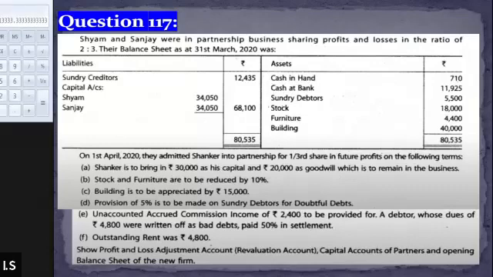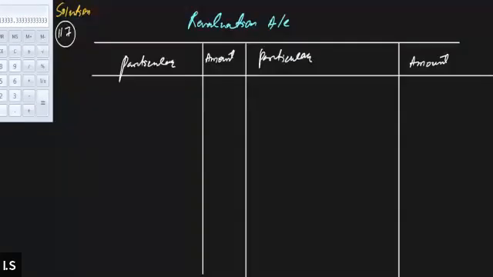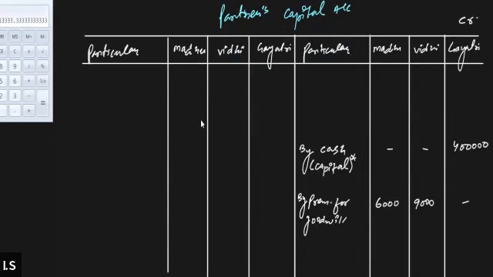So the first adjustment in the question says that Shankar is to bring in 30,000 as his capital and 20,000 as goodwill, which is to remain in the business. Basically, Shankar is bringing in capital of 30,000 as well as 20,000 by way of goodwill. So let's first enter these transactions into the partners' capital account. I need to change the name of the partners.